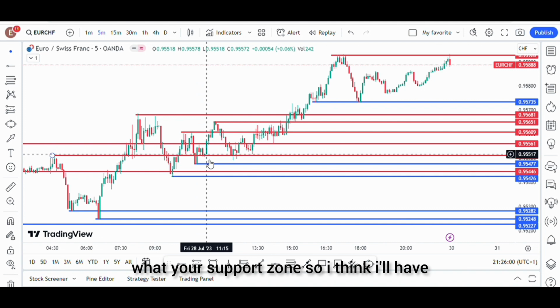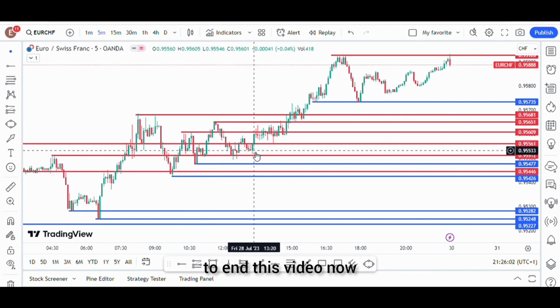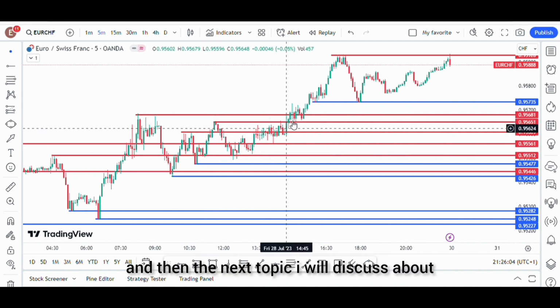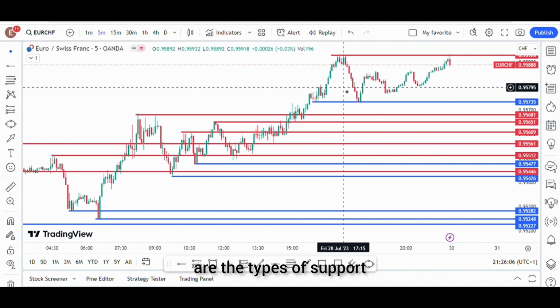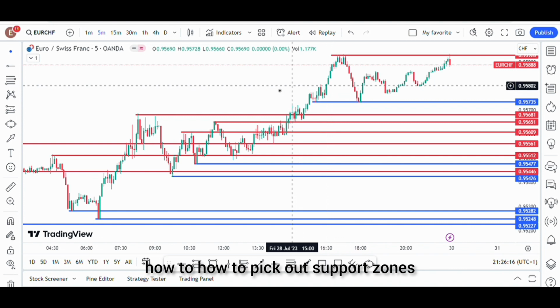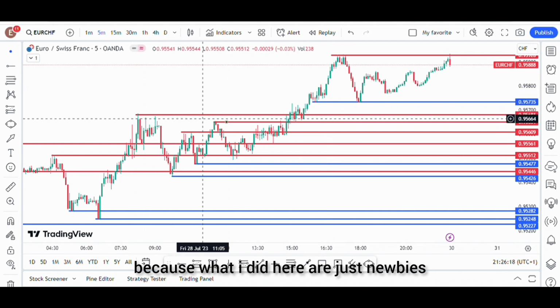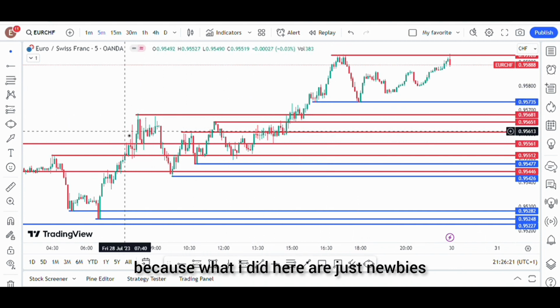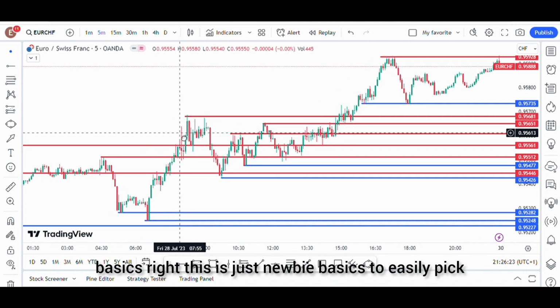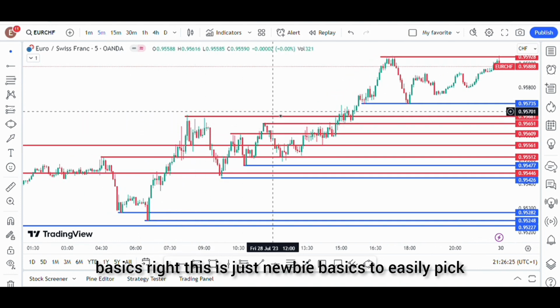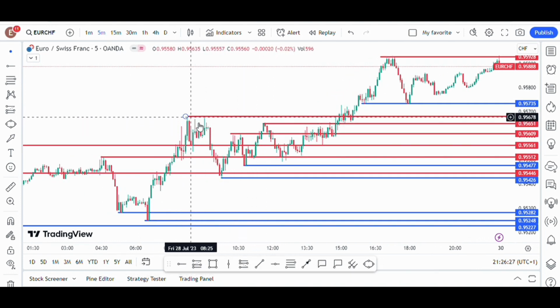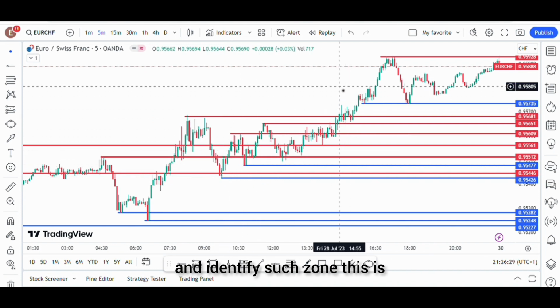So I think I'll have to end this video now. The next topic I will discuss is the types of support, the weak and strong support levels, and the support zones, how to pick out support zones, because what I did here is just newbie basics to easily pick and identify such zones.